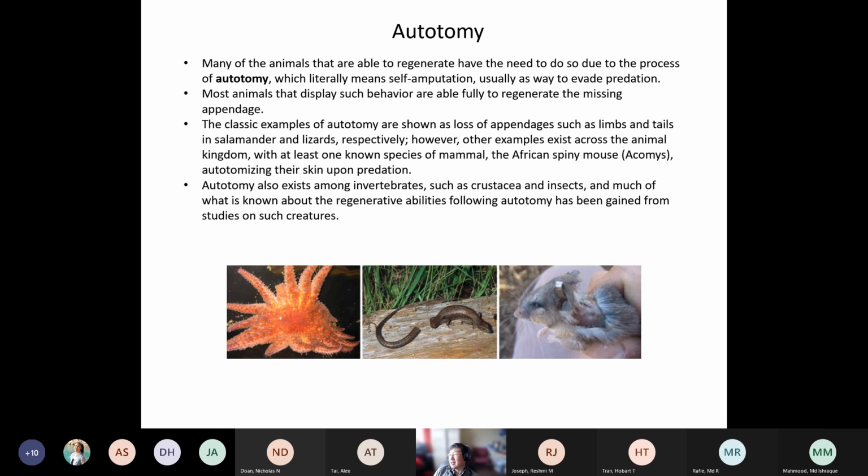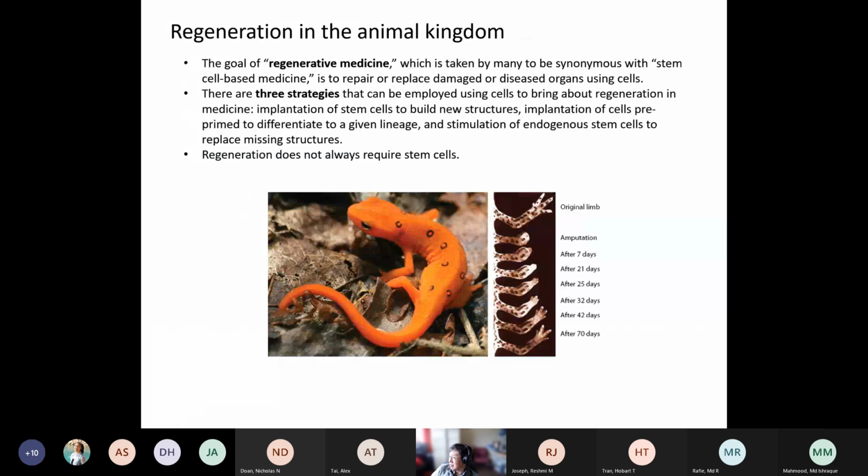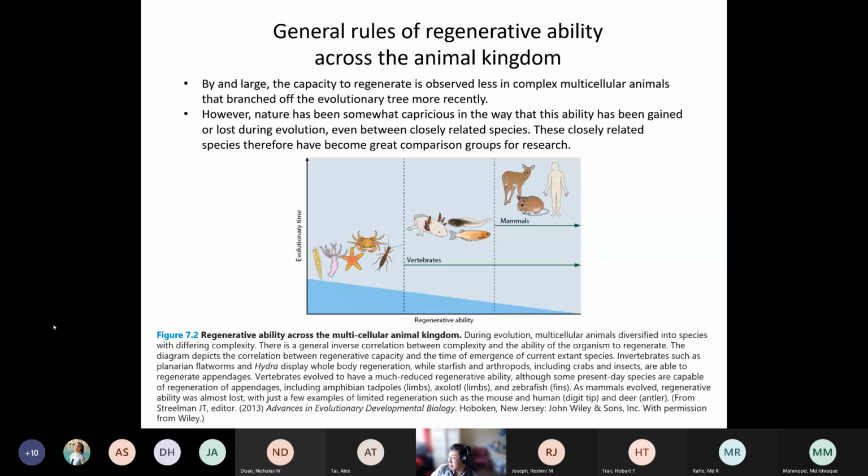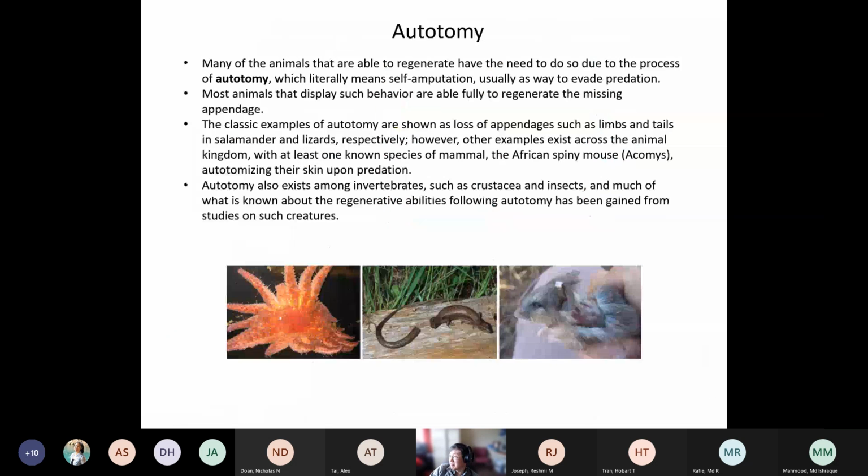One of the salamanders will be the one I showed in the previous slide, this axolotl. This thing is a salamander. It's called a Mexican salamander, I believe.